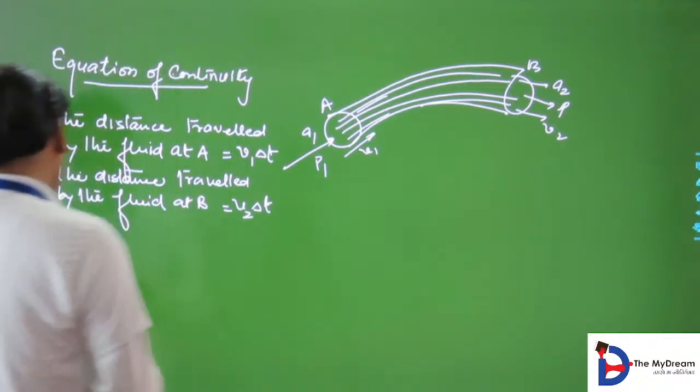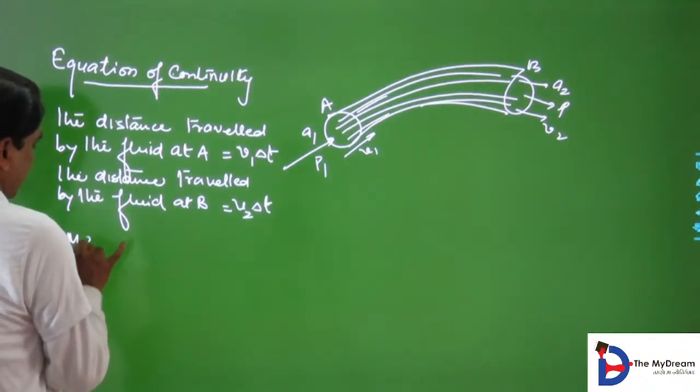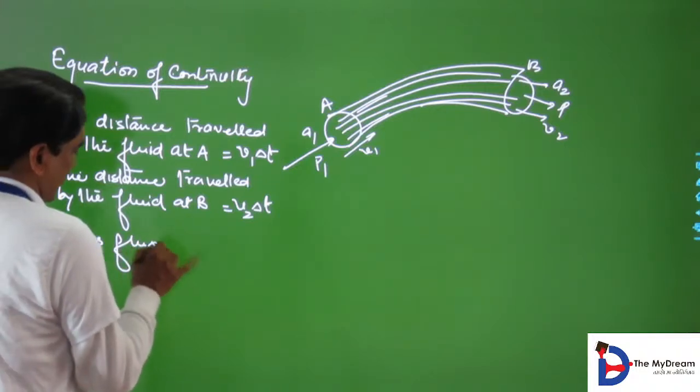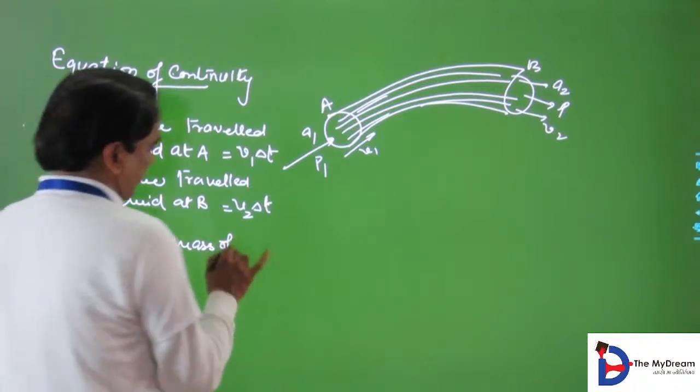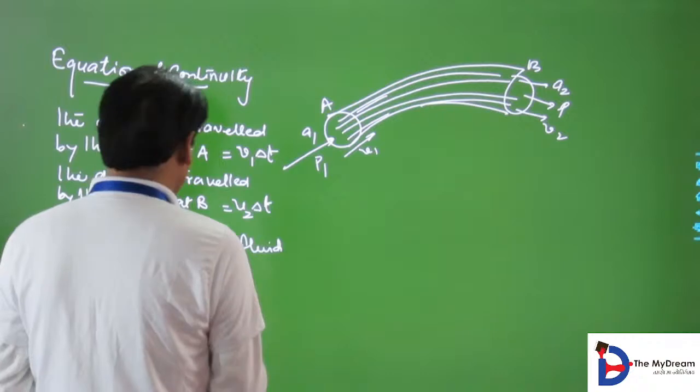As we know about the density, mass flux means the mass of the fluid flowing.